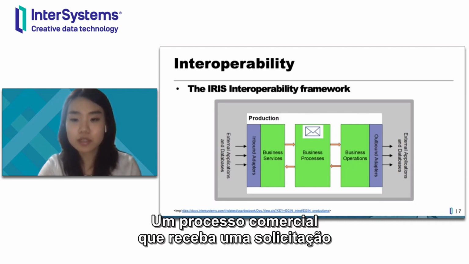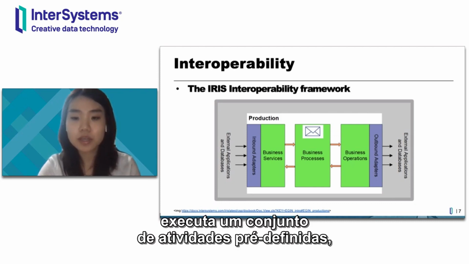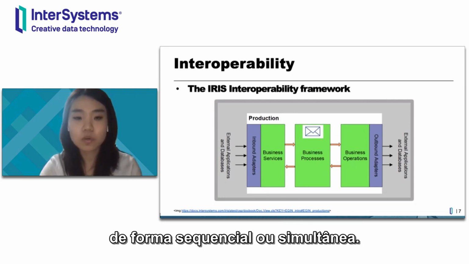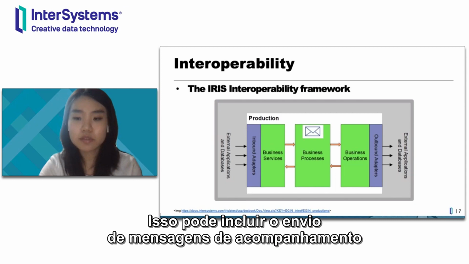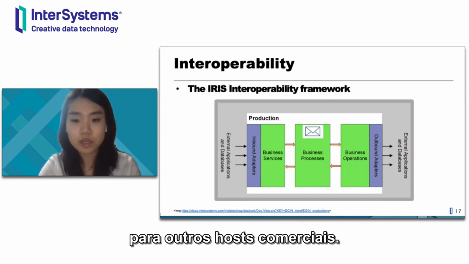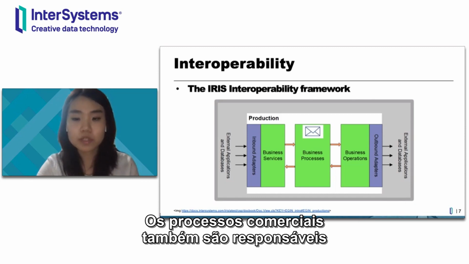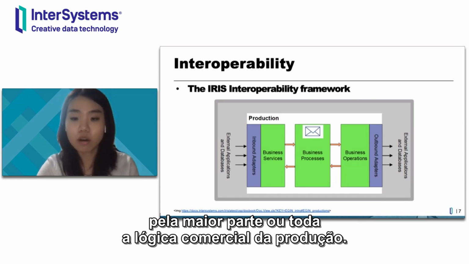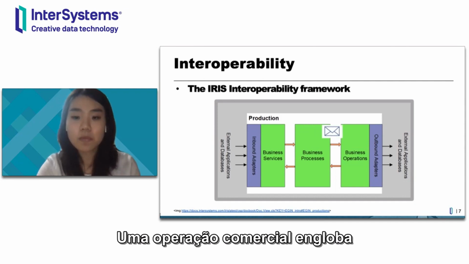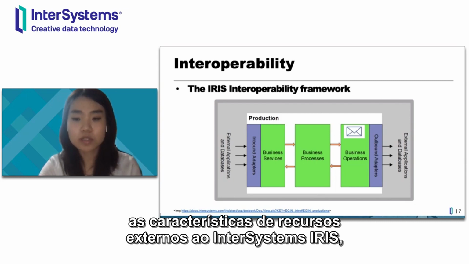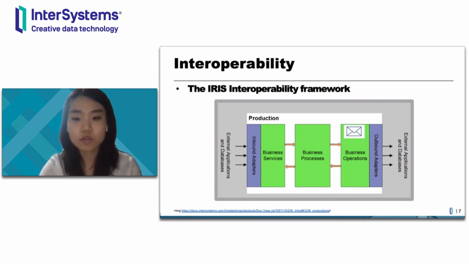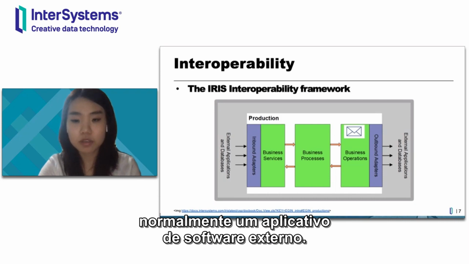A business process that receives a request message executes a predefined set of activities, either in sequence or in parallel. These activities may include sending follow-up messages to other business hosts. Business processes are also responsible for most, if not all, of the business logic in the production. A business operation encapsulates the capabilities of a resource outside InterSystems IRIS, usually an external software application.